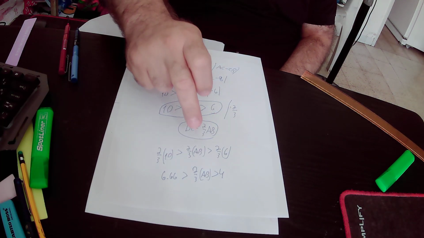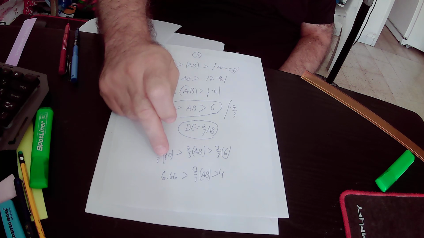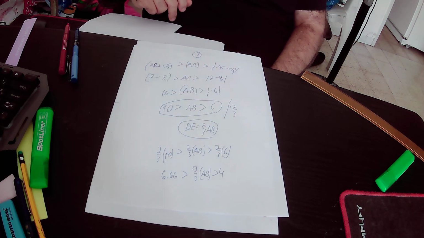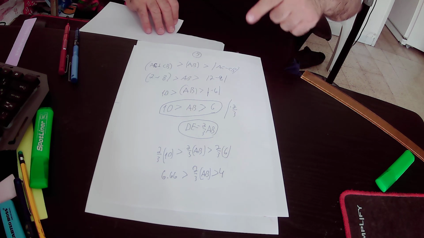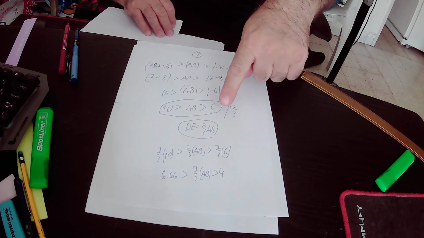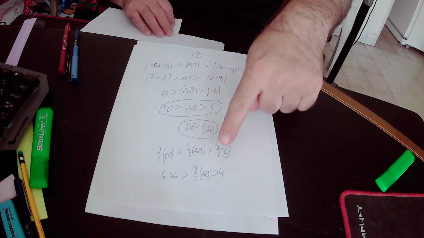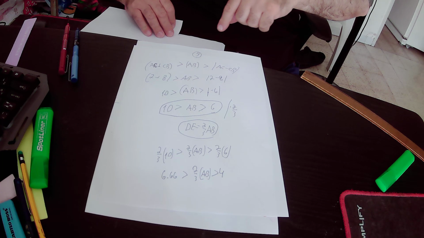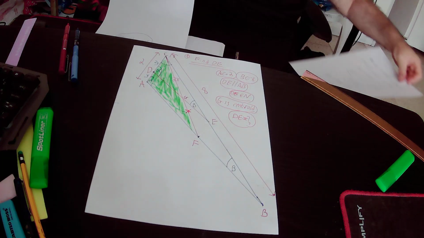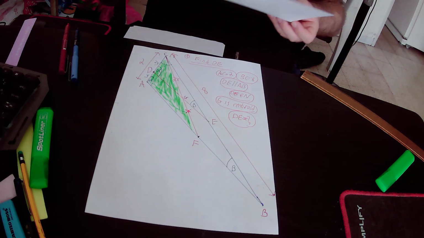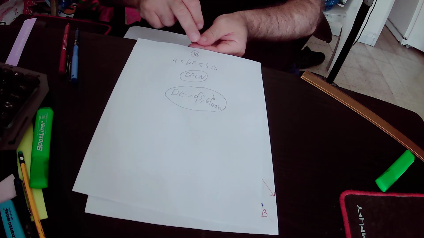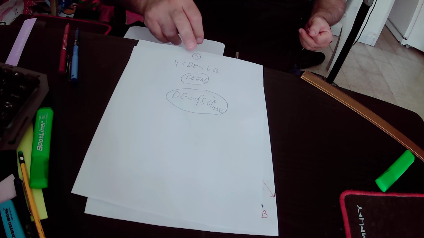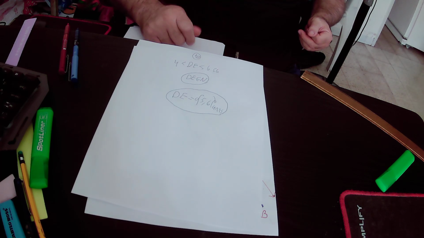So we found out that 2/3 AB is smaller than 6.66 from one side, but it is bigger than 4. Okay, but we know that DE equals 2/3 AB, so we can substitute 2/3 AB by DE. So we got that DE is greater than 4 and it is smaller than 6.66.